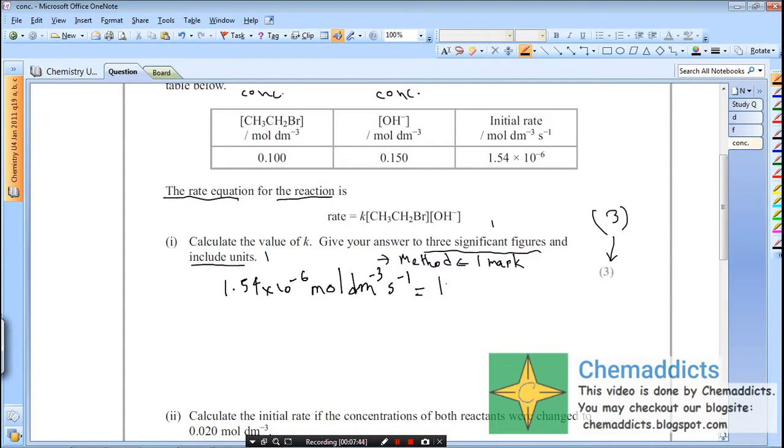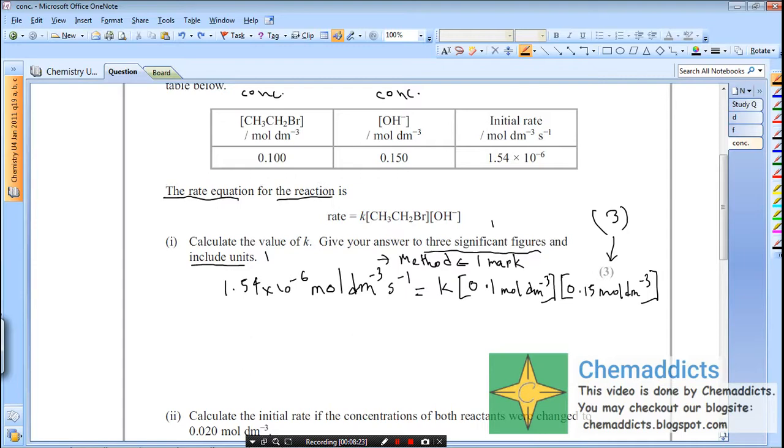Here, the concentration for bromoethane is 0.1 mole per dm cube, and the concentration for hydroxide is 0.15 mole per dm cube. If you have calculated, you will get something like this.